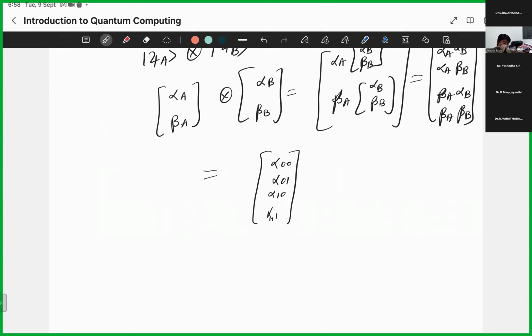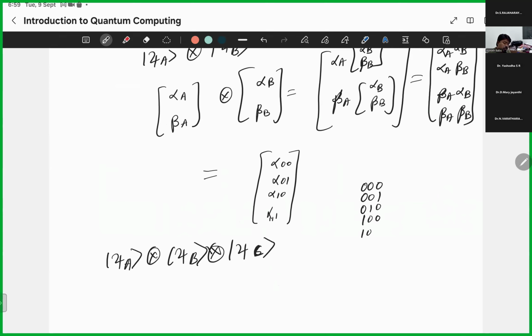If I want to have many more, you just take 3 qubits. If you take 3 qubits, let's say C, what you are going to get is 0 0 0, 0 0 1, 0 1 0, 0 1 1, 1 0 0, 1 0 1, 1 1 0, 1 1 1. So there are 8 states possible, which is 2 to the power of 3, an exponential increment in the memory.